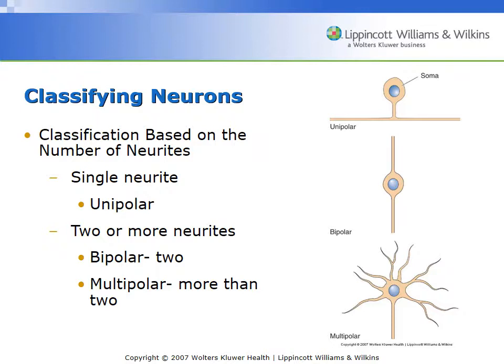The unipolar cell is basically a neuron with a single neurite that is extending from the cell body. If there are two neurites, the cell is said to be bipolar. And if there are three or more, then it's a multipolar cell. So unipolar, bipolar, multipolar.